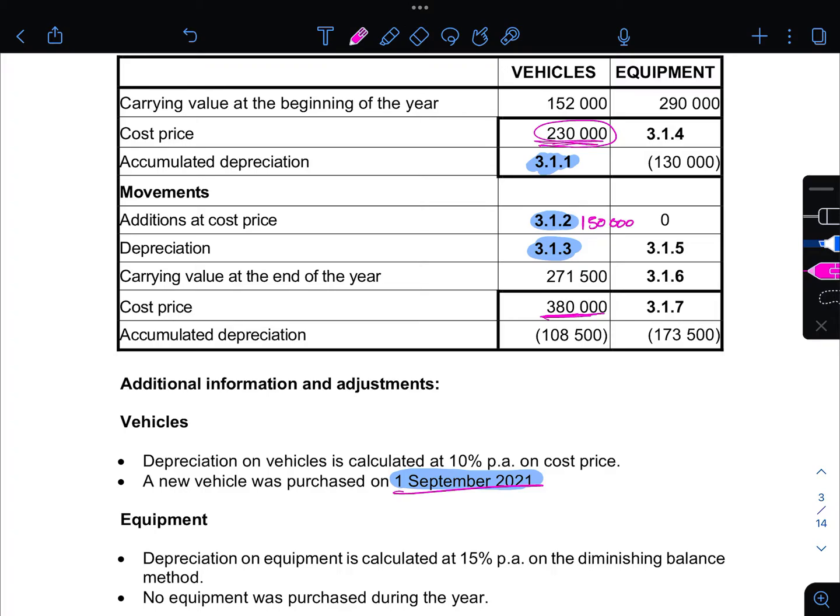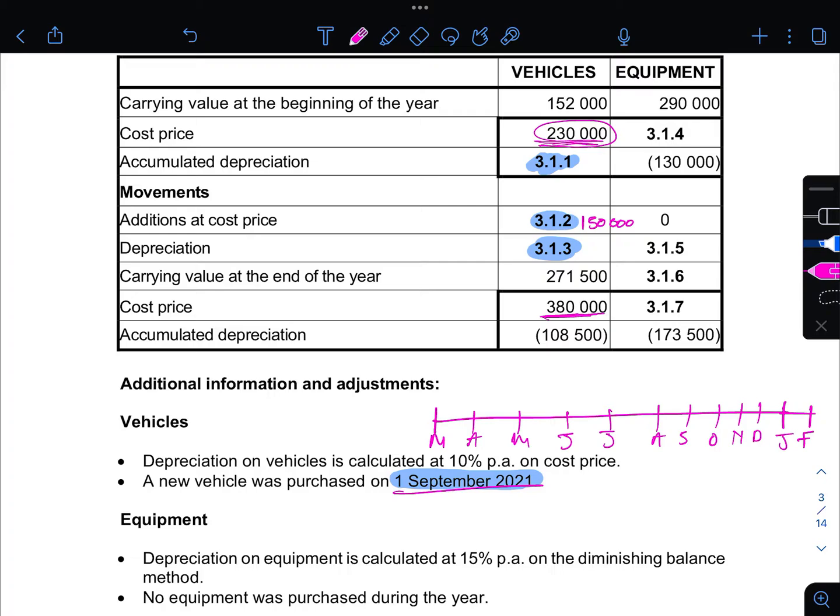This is where you need to draw what we call a timeline: the 1st of March, April, May, June, July, August, September, October, November, December, January, and then February.